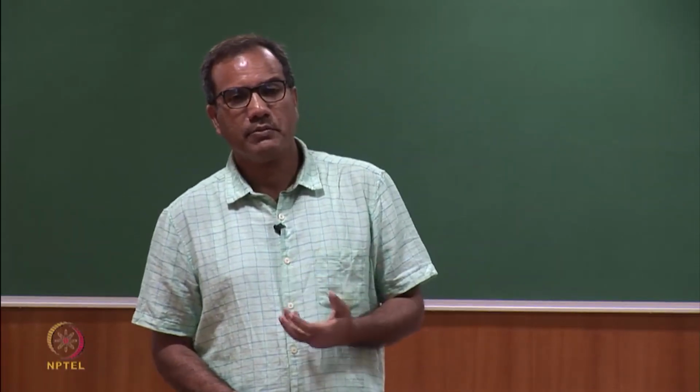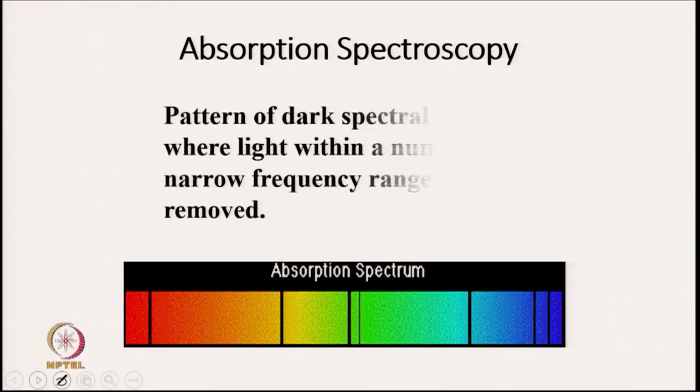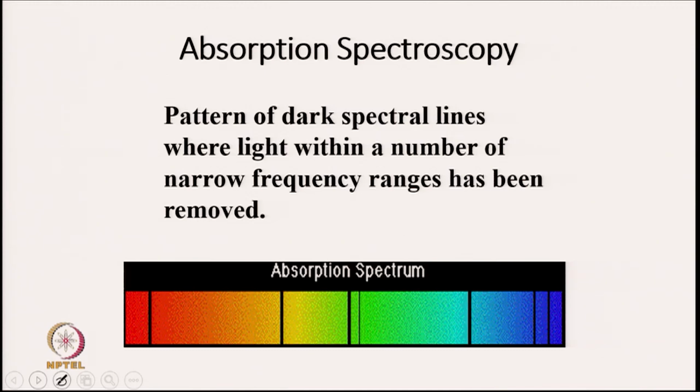What is absorption spectroscopy? Absorption spectroscopy is basically a pattern of dark spectral lines where light within a range of narrow frequency ranges has been removed. So, we looked at two kinds of emission spectroscopy.